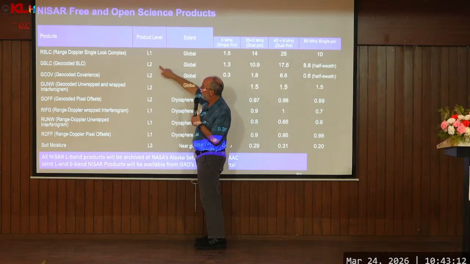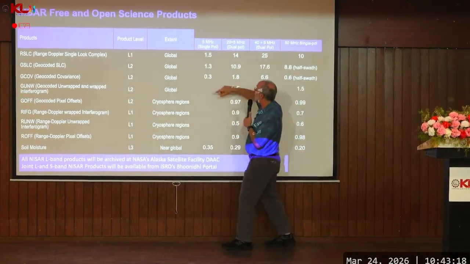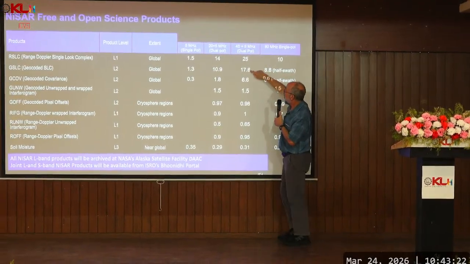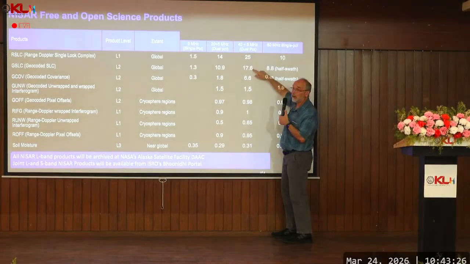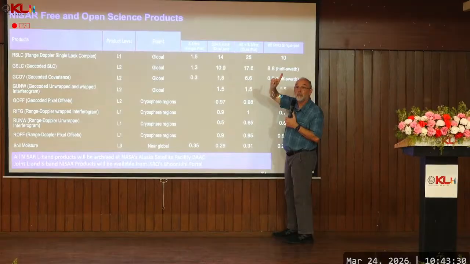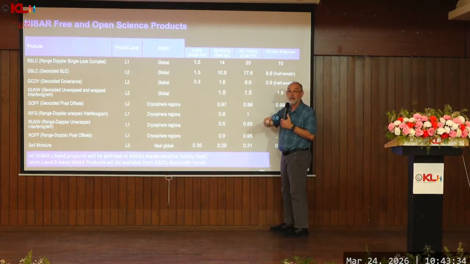Generally, the GSLC, the geocoded SLC, and the RSLC are the largest products. At the standard high resolution, these products are 25 gigabytes or 18 gigabytes. Just one product, one frame, 240 kilometers by 240 kilometers on the side.